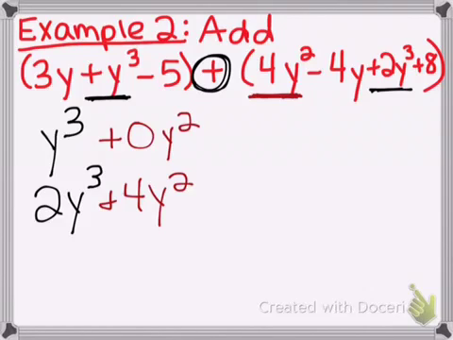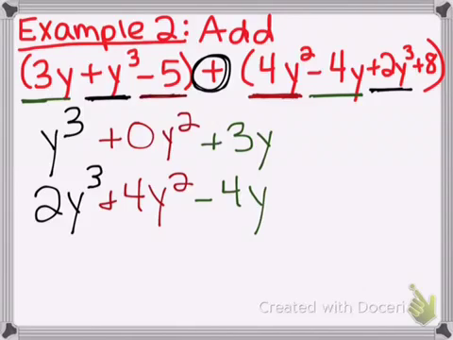The next term I see are y. So I have 3y, and in the other polynomial I have negative 4y. I'm going to stack them. And the final one are just your coefficients, nothing special, negative 5 and 8. So I stack those up.